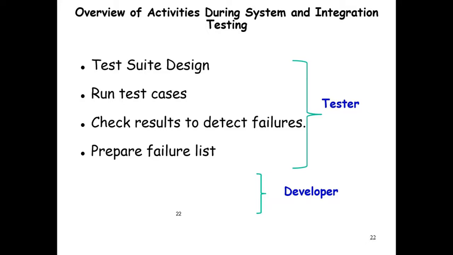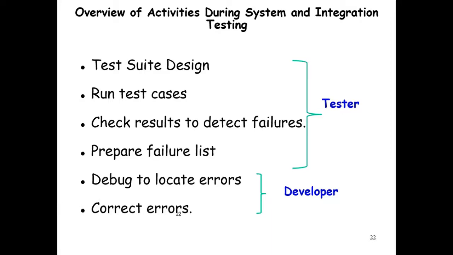After the test cases have been executed, we check whether the output conforms to the actual requirement, and if we find any difference between the actual output and the required output, then a failure may be detected through this difference. Then finally we prepare the failure report, which is sent to the developer team, and the developer team debugs to locate the error and then corrects it. So this is the life cycle of testing of a software.